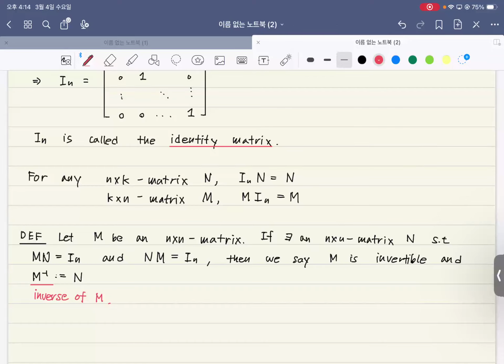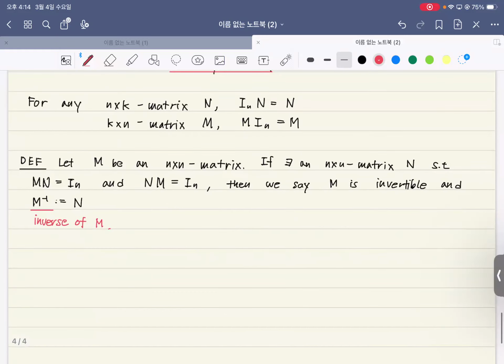If your matrix N satisfies one of these two equations, then that means your matrix N is the inverse of M. Well, I'm not going into the detail of why that is true. If you're interested, I strongly recommend you join the 응용선형대수 course, I mean, applied linear algebra.